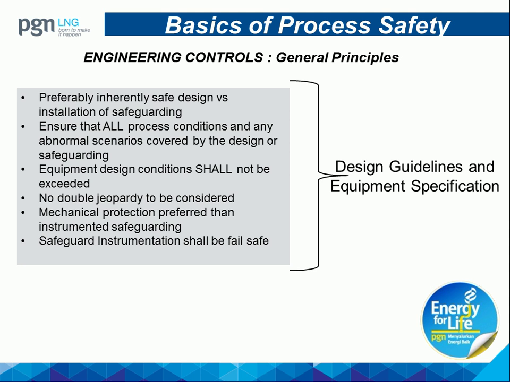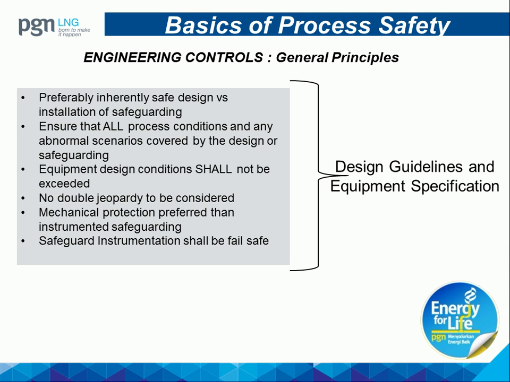The second one is we need to ensure that all process conditions and any abnormal scenarios are covered by the design or the safeguarding. Sometimes we only focus on the normal process condition, while there are many abnormal scenarios that could happen if something goes wrong. So we need to ensure that we already mitigate for these kinds of conditions.